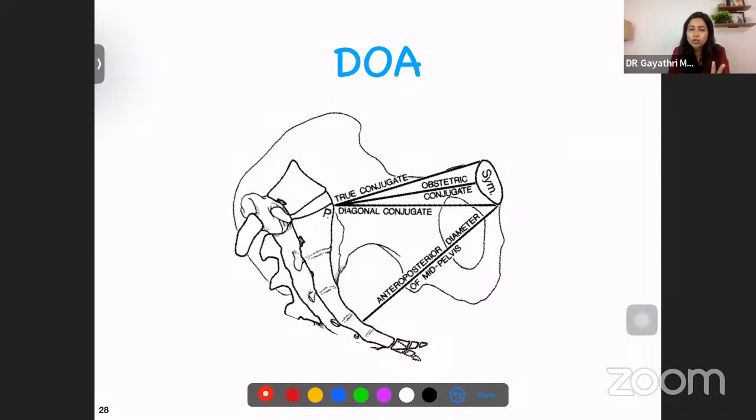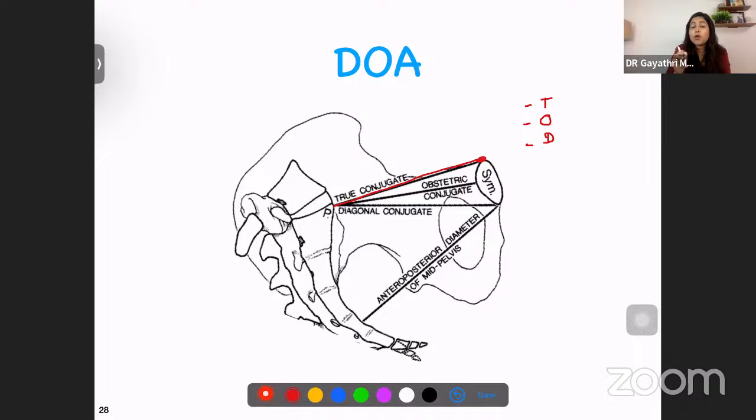You have the true conjugate, obstetric conjugate, and the diagonal conjugate. Let me tell you about these a bit more. Just remember the mnemonic TOD. To remember this, you can connect it as toddler, or just remember TOD. True is the uppermost one, from the upper border of the pubic symphysis to the sacral promontory.